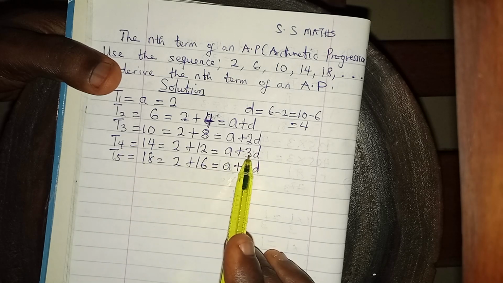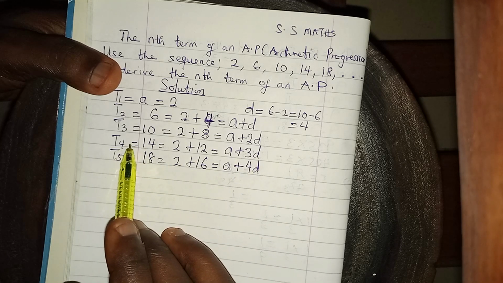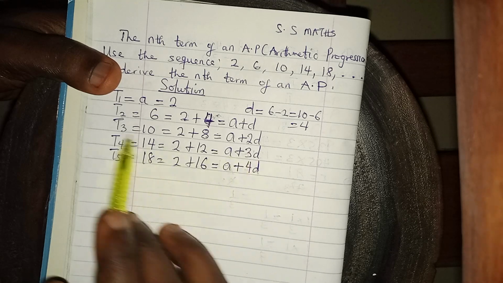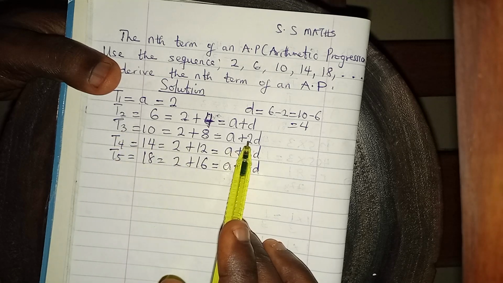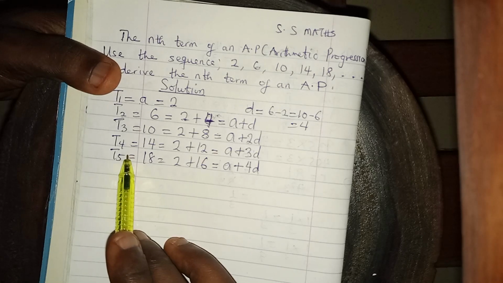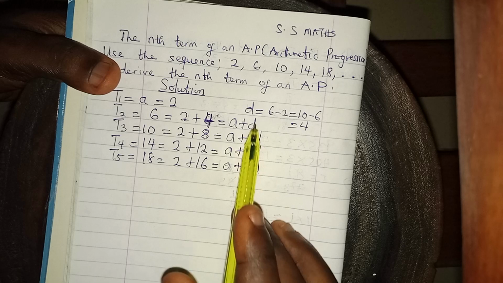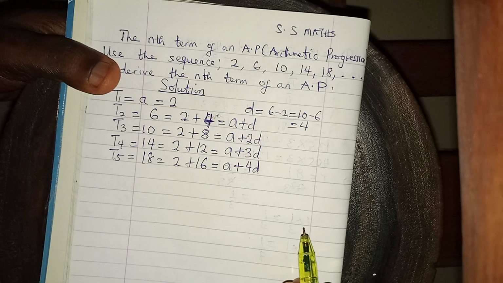You realize that this 3 is gotten by subtracting 1 from 4. Even this one, 3 minus 1 gives me 2. This also, 5 minus 1 gives me 4. So you can look at the order in which this goes, then you can use it to generate the nth term, that's Tn.